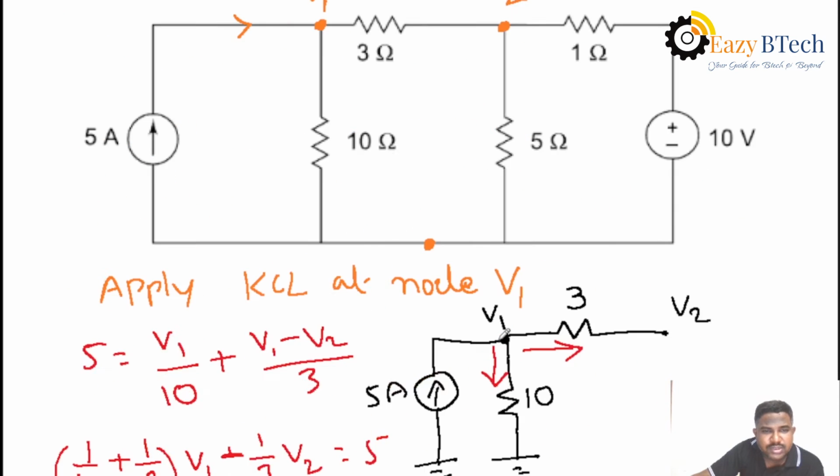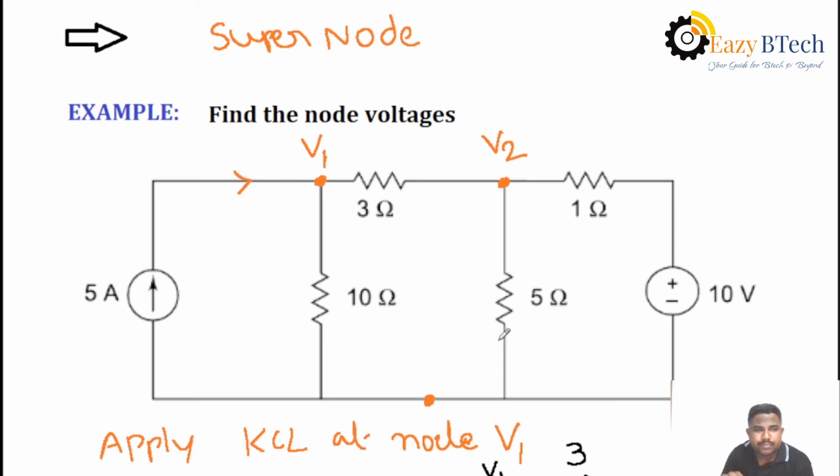Suppose in the given problem, for example, we have to find the current passing through 3 ohms. Then how do we find the current passing through an element? I equal to V by R. What is the V value here? V1 minus V2 or V2 minus V1 across 3 ohms.